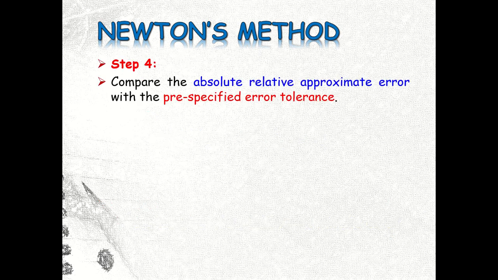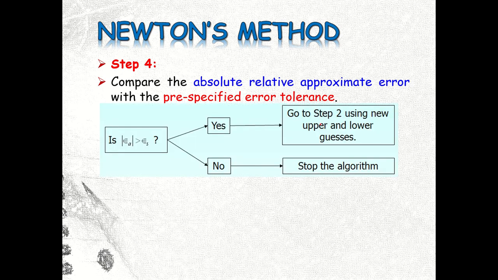And then step number four, we have to compare the absolute relative approximate error with a pre-specified error tolerance. This will be given. So you have to compare your result with this specified error tolerance, and then use this flowchart. Is the absolute relative approximate error greater than the pre-specified error tolerance?